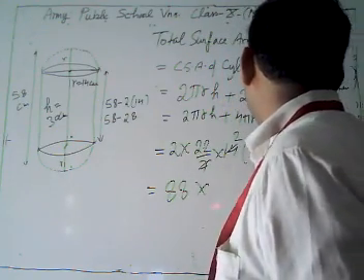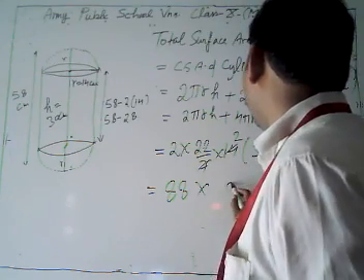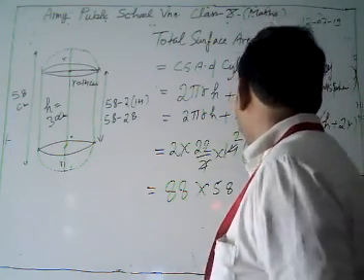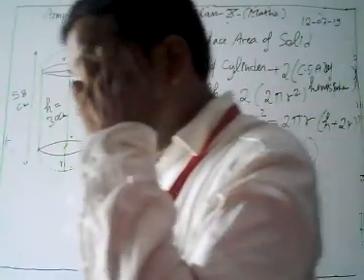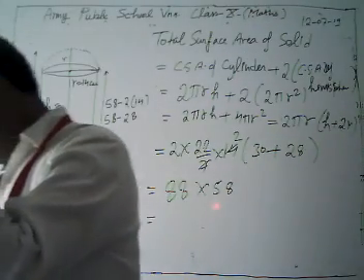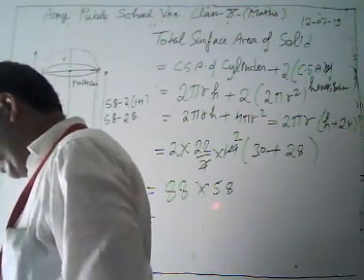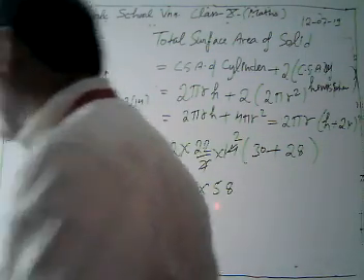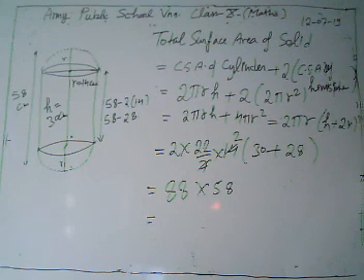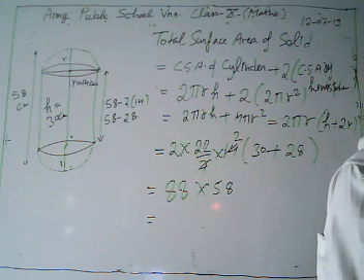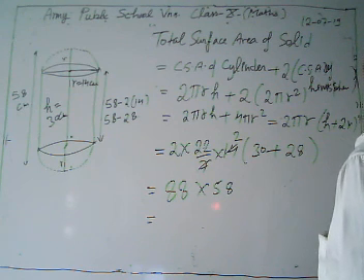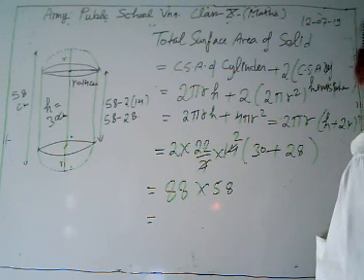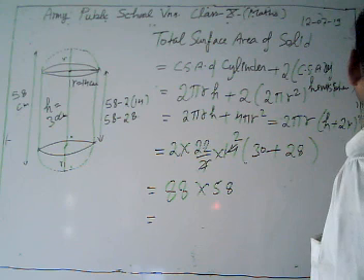And into this, 30 plus 28 is 58. Now we have to multiply 88 into 58. 8 times 8 is 64, carry 6, and so on.